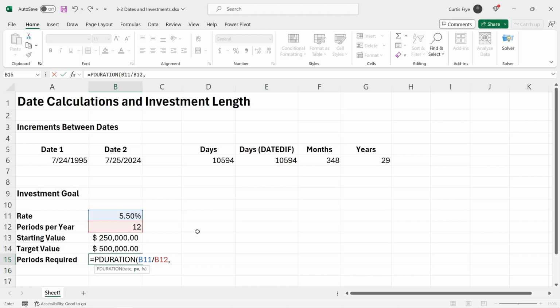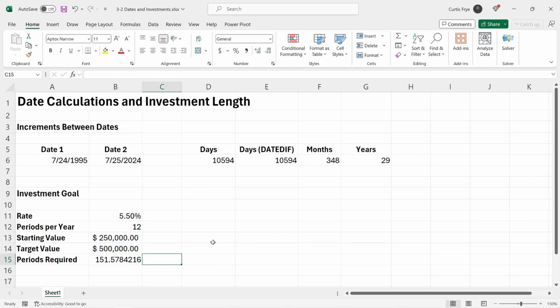Then a comma, the present value is what we're starting with, that's our initial investment, then a comma, and the future value is what we want to get out of it. Then a right parentheses to close it out, and tab, and we get 151.578 periods, so it will take us 152 months, rounding up, at 5.5% interest to turn $250,000 into $500,000.